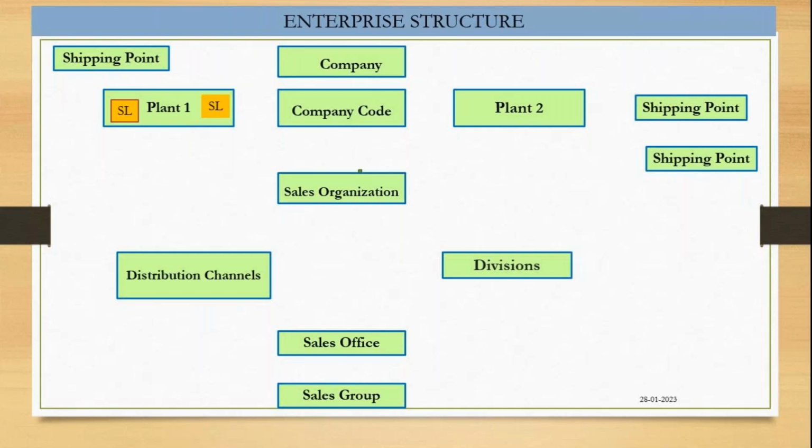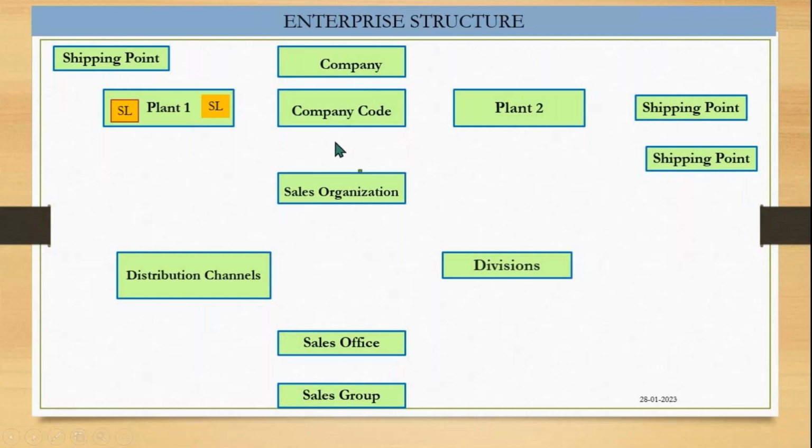And when we sell the material to the customer, we take the amount on the finance side from the customer. For all these things, company code is the one which is an independent legal accounting entity. We call this the highest level of organizational element from the FI side.